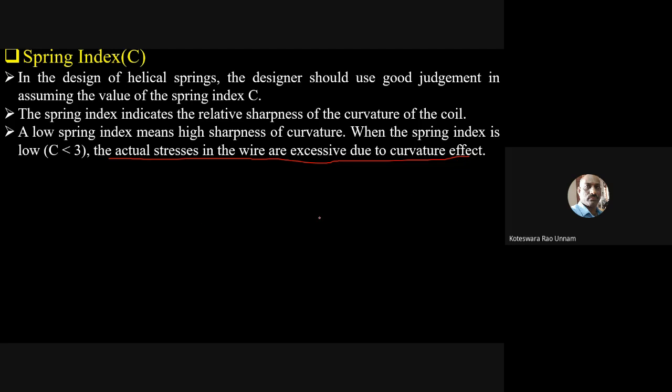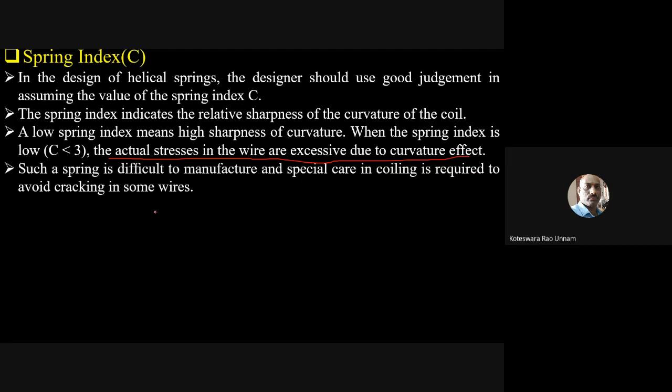And at the same time, if you take a low spring index, so that D by d is less than 3, this diameter and this diameter are only 3 times apart, and bending the wire in the form of a helix is going to be very difficult. So the manufacturing of the spring is going to be difficult.